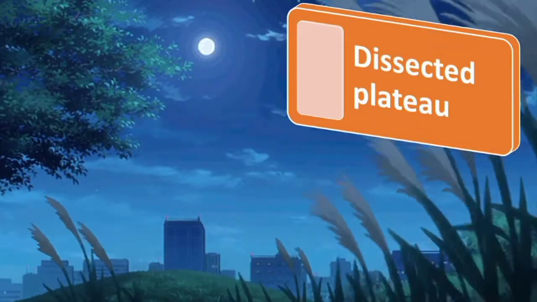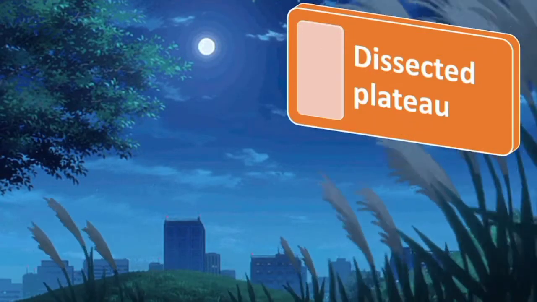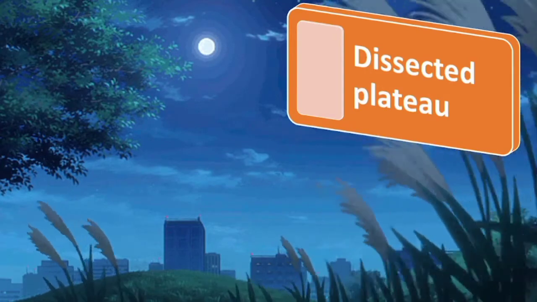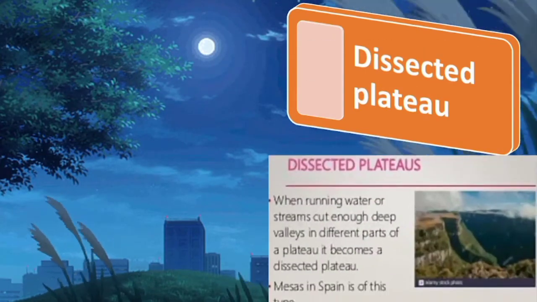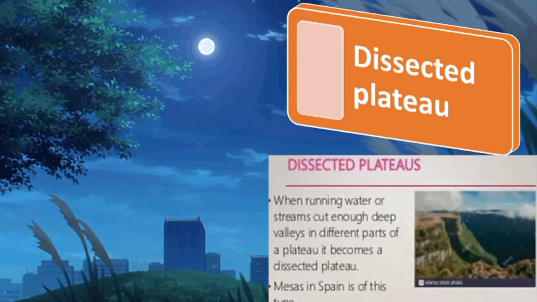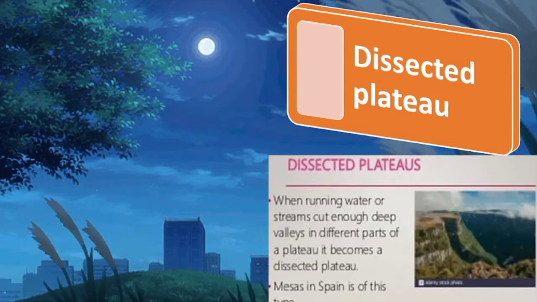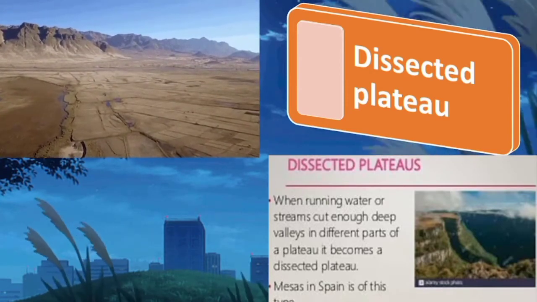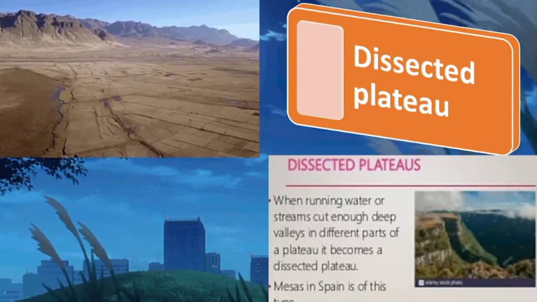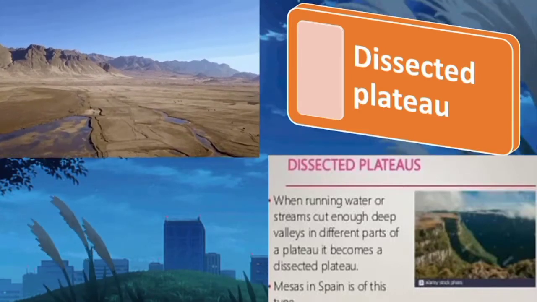Next, we are going to discuss the dissected plateau. Now, when we say dissected plateau, what are we actually referring to? These are plateau areas that have been severely eroded such that the relief is sharp.